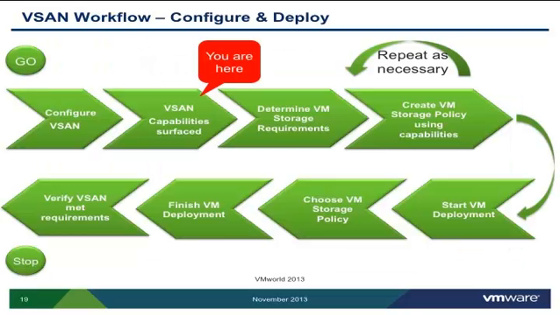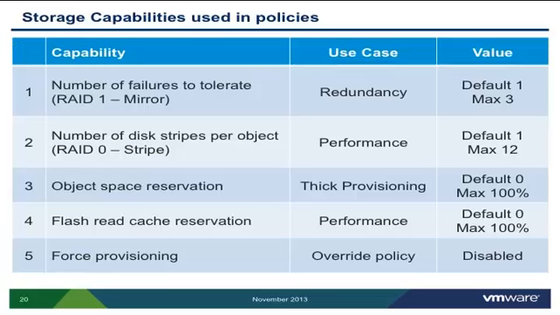Okay, so the capabilities, let's have a closer look at those. There are 5 that we're putting into the initial release. We do have lots of ideas about other things that we can put in here as well. If you guys have ideas as well, we'd be very happy to hear about what you would like to see in a policy.